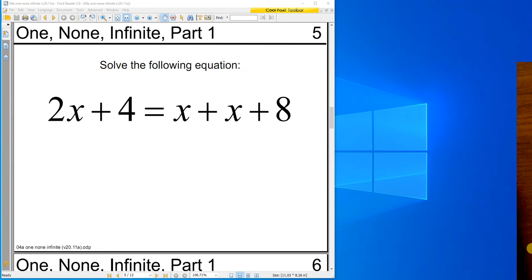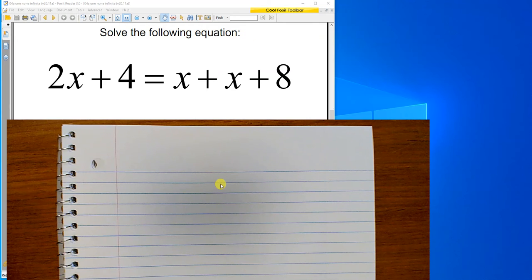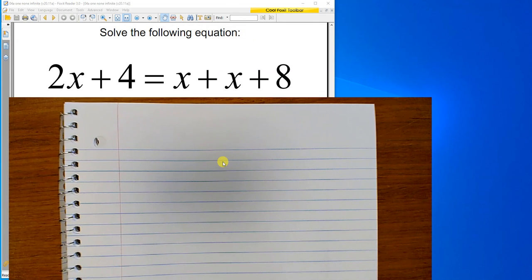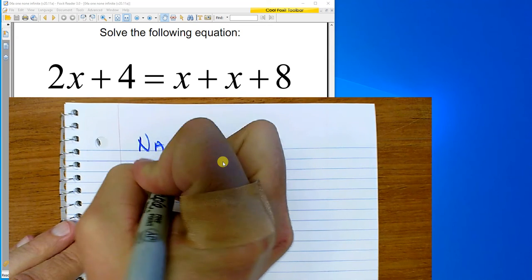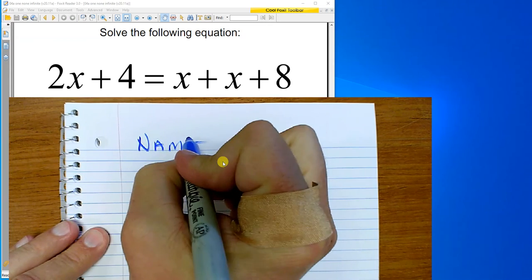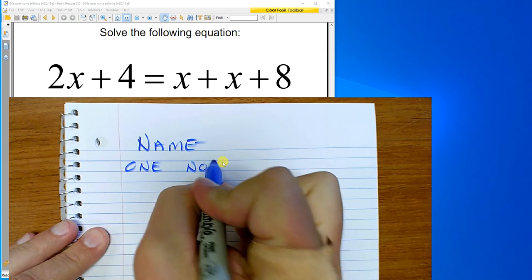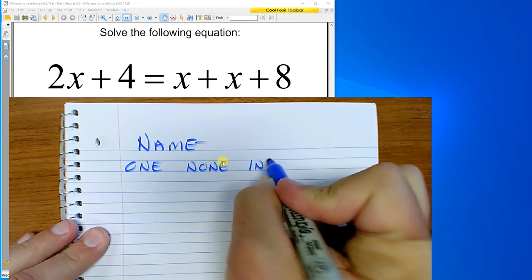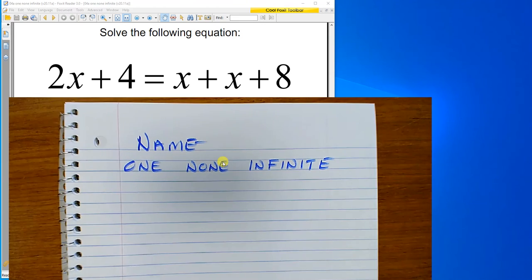Here we go. Start with your name and the title, which is one none infinite. One none infinite, and we're going to solve the following equation.